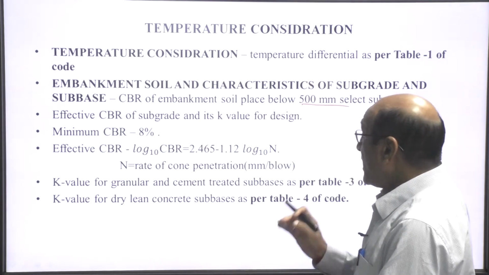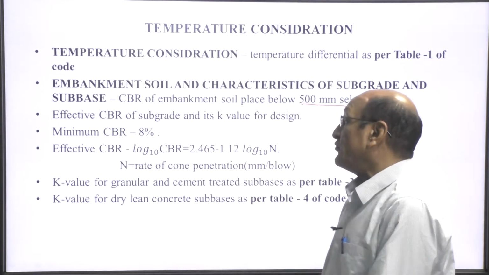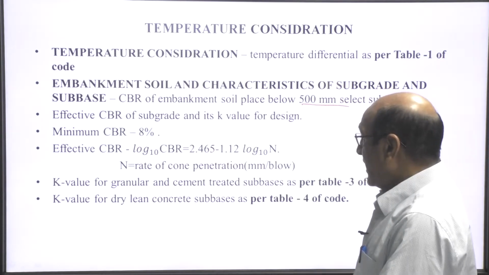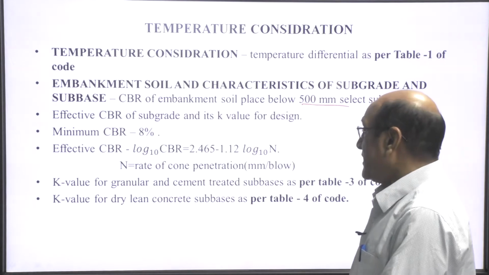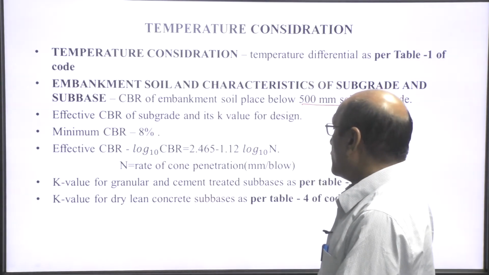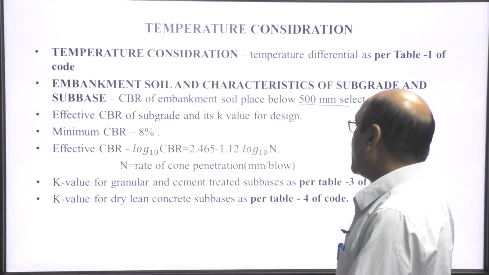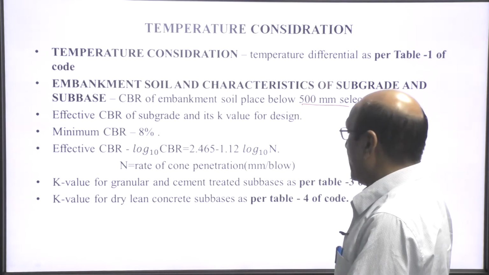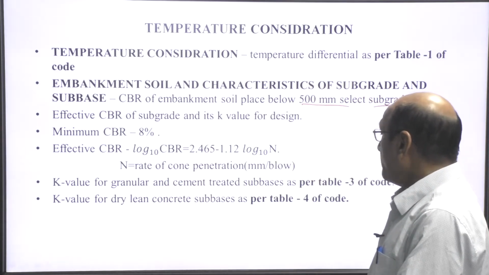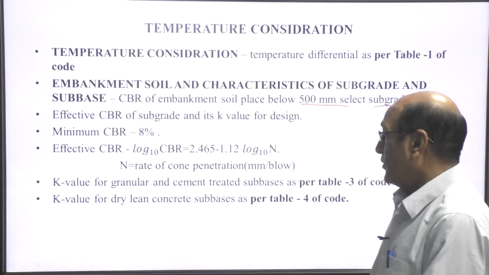Now, the minimum CBR should be 8%, and the effective CBR could be calculated based on log base 10 CBR is equal to 2.465 minus 1.12 log base 10 n. Here n is the rate of cone penetration in mm per blow.